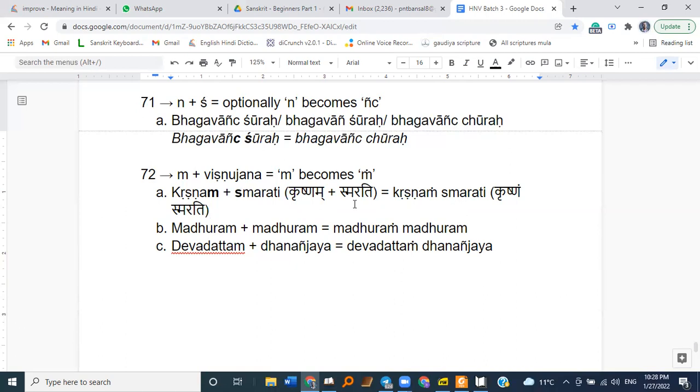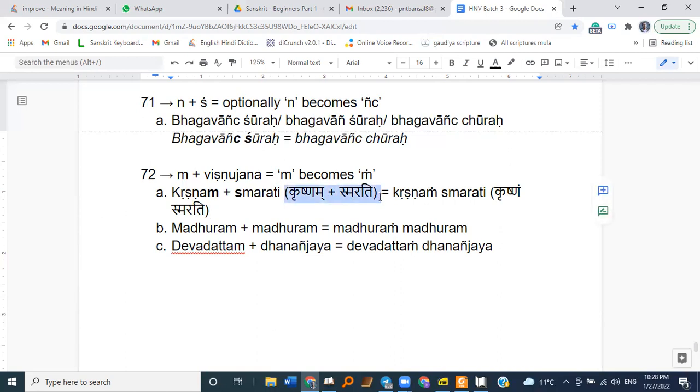Prabhuji, I have a quick question here. In this example, Krishnam Yukta Smarati, Prabhuji, you wrote Krishnam with Ma as Halanta. But wouldn't Ma be Halanta only when the next is a Sarveshwara and not a Vishnu Jana? Only when there is a Swara, at that time it will be Halanta Ma, right? No, but here this is before doing Sandhi.